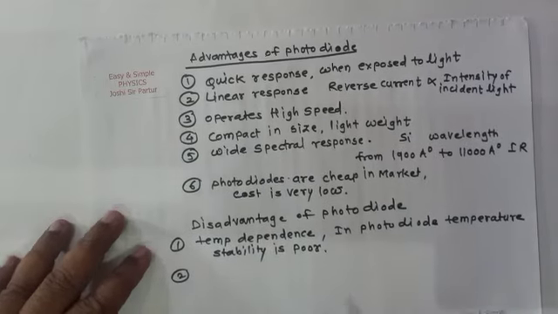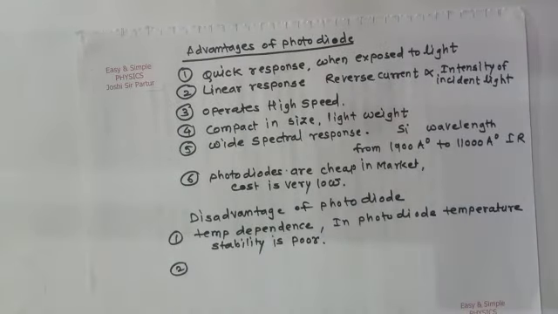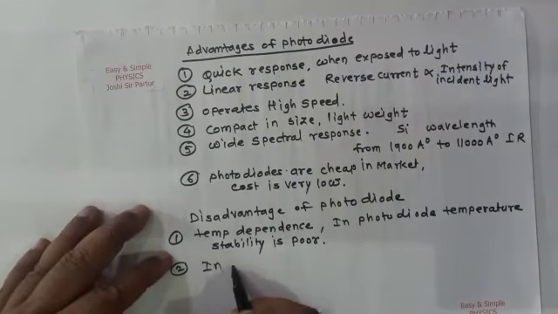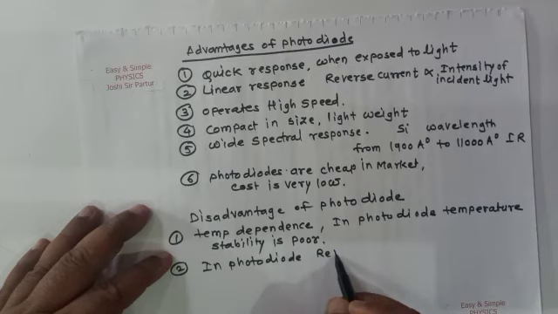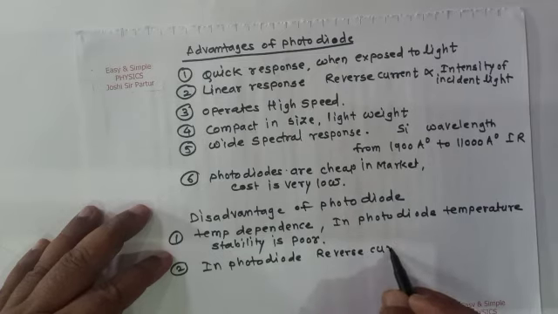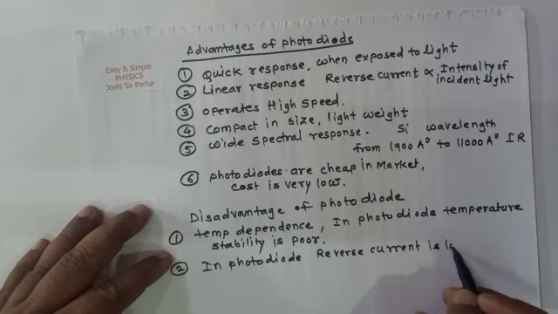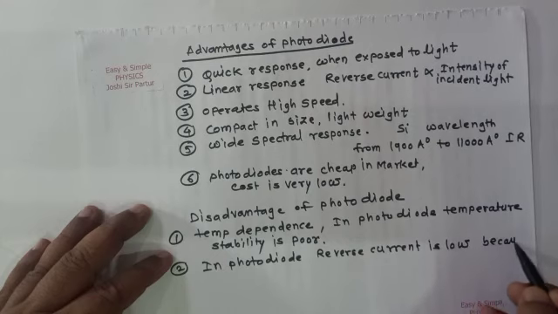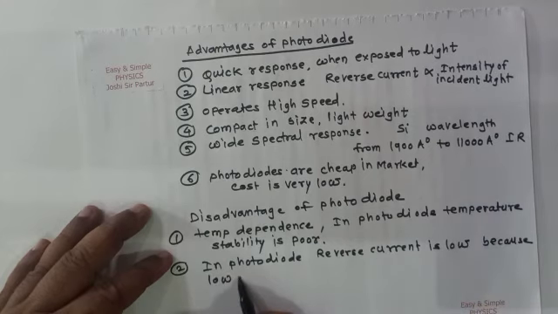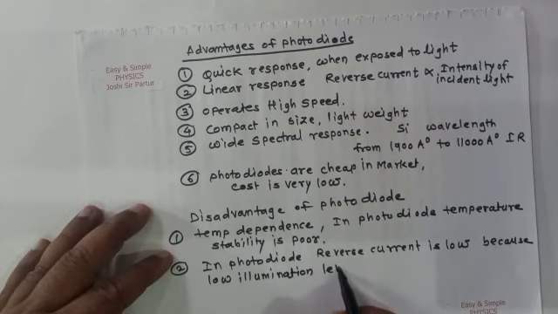And the second disadvantage is that at low illumination level, reverse current is low and requires amplification. In a photodiode, the reverse current is low because of the low illumination level.